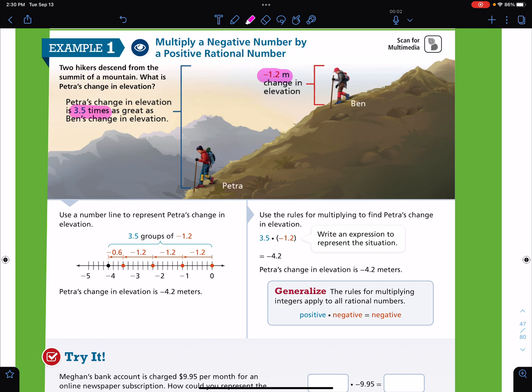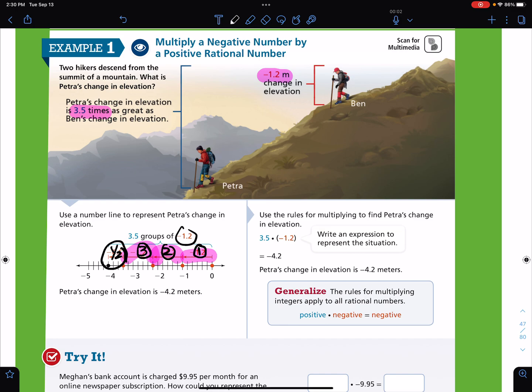But 3.5, there's 1, there's 2, and there's 3. Oh, I see why. Took me a second. This 0.5 is 1/2 of a group, so this is 3.5 groups of negative 1.2. So there's 1 full group, 2 full groups, 3 full groups, and then a half group.